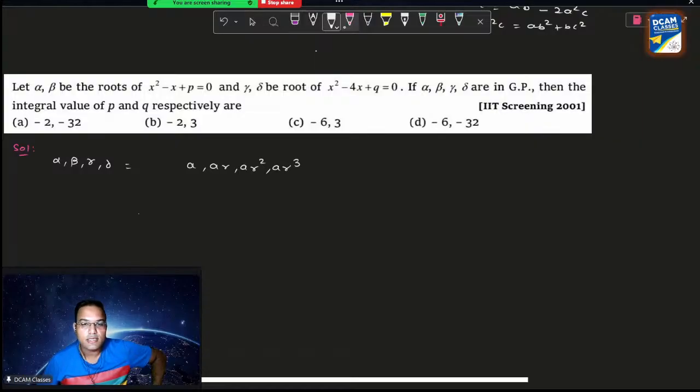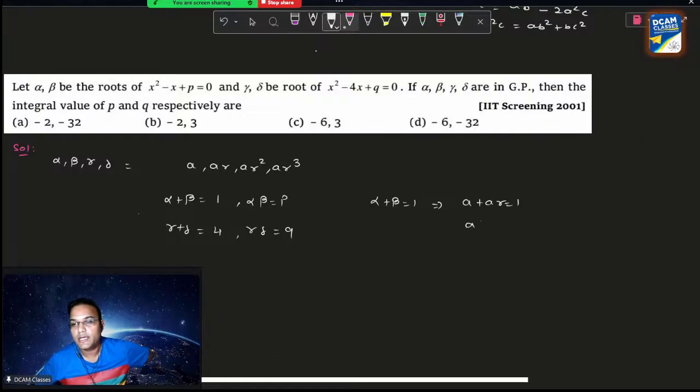See this. Let me show. I know the sum of the two, alpha plus beta, is equal to 1, and alpha beta is equal to p. Similarly here, gamma plus delta is equal to 4 and gamma delta is equal to q. Now if you take alpha plus beta is equal to 1, you will get the condition a plus ar is equal to 1.